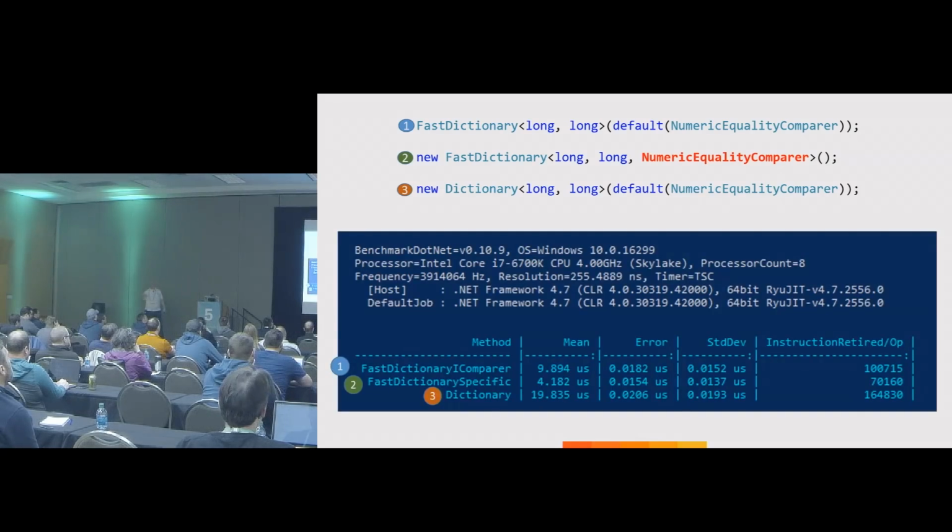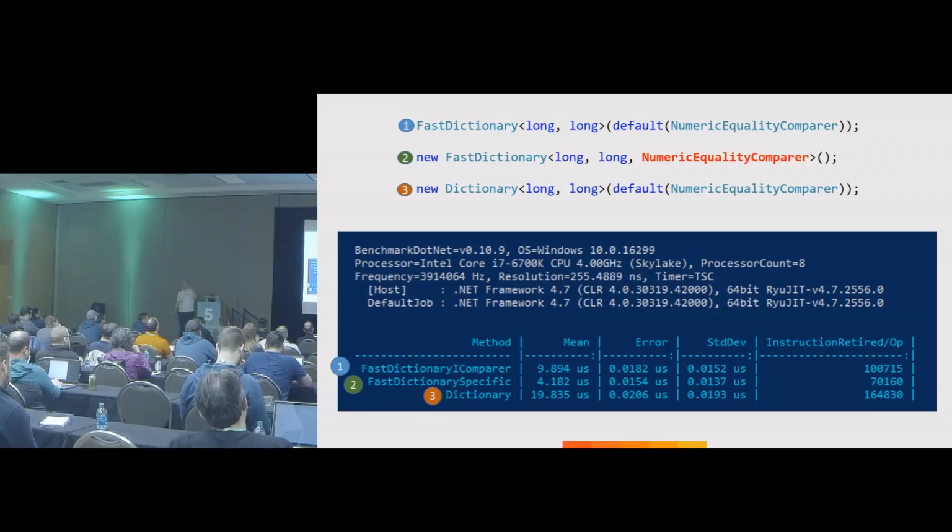So yes, we are talking here about 19 microseconds against the base implementation, so you can see that our dictionary is faster because of different design choices. But still, when you go specific, you can still have half the time, which means that even if you implement the dictionary as it is and bake in the third type, which is the comparer, you are probably going to get half the time.